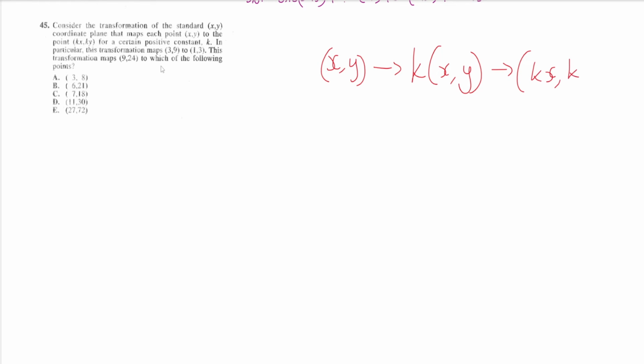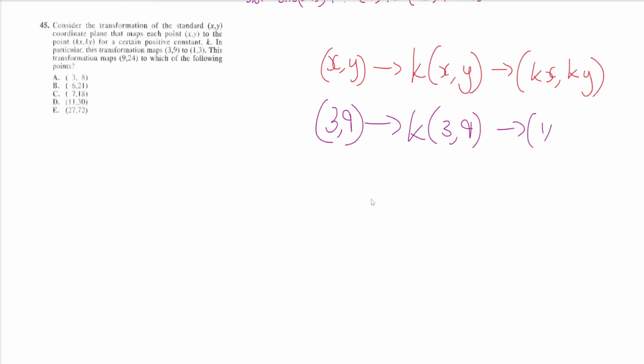Okay. So they gave me a 3 comma 9. We have to find the k value, but it's on to 3 comma 9. It becomes what? Oh, sorry, 1 and 3. So it's 1/3. So k is 1/3.